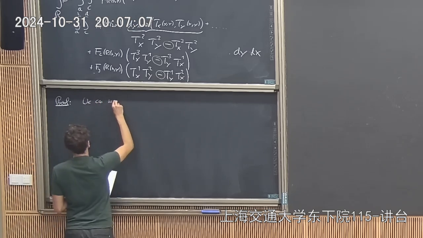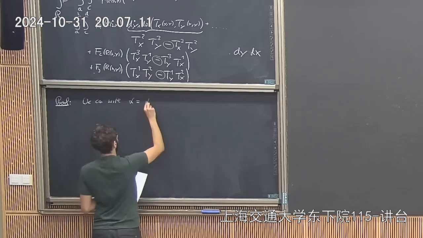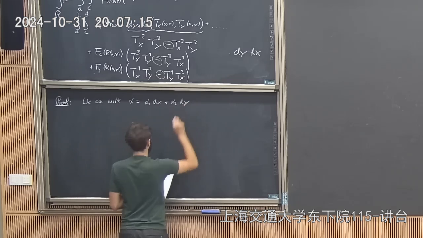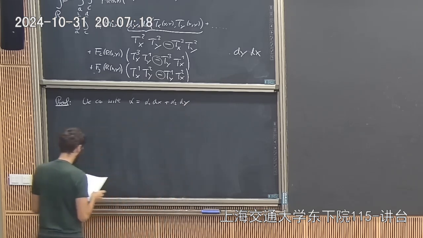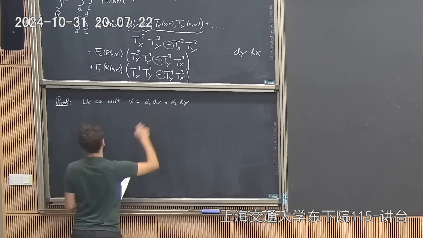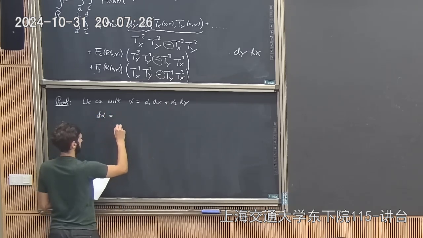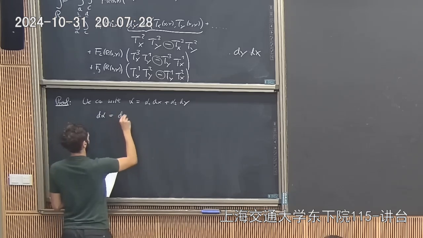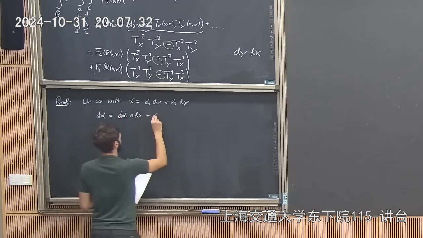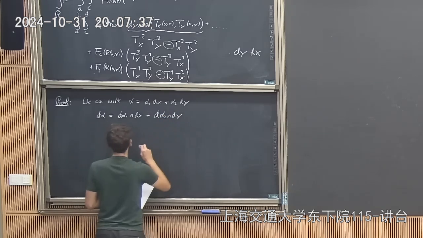We can write alpha as alpha 1 dx plus alpha 2 dy, as you have seen now, for some smooth functions. Then d alpha is d alpha 1 which dx plus d alpha 2 which dy.